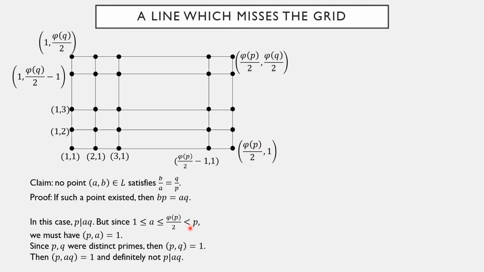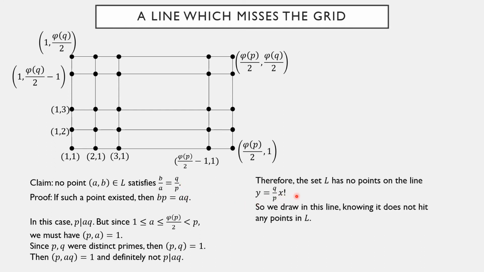That's definitely smaller than P. So A is at least 1, but it can't be as large as P, so it's definitely relatively prime to P. Since P and Q are distinct primes, they're relatively prime to one another. Well, if P is relatively prime to A and also to Q, it's definitely relatively prime to AQ, so it can't be a factor of it. So P can't be a factor of AQ. In other words, these ratios can't possibly be equal.